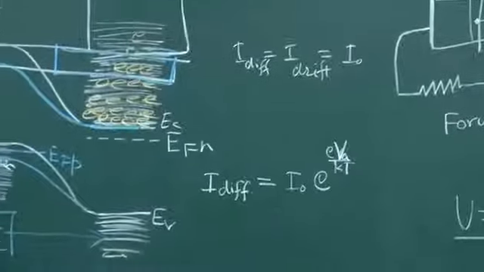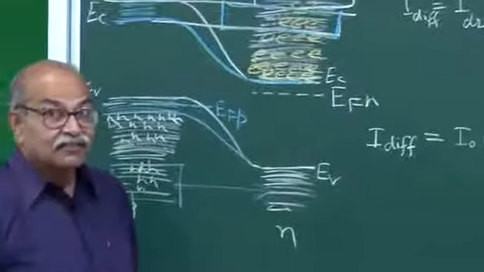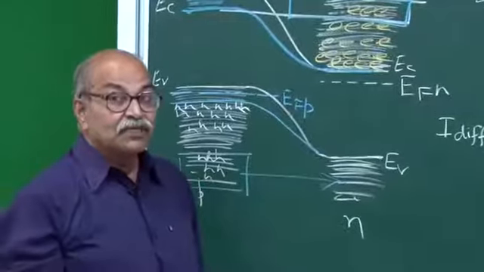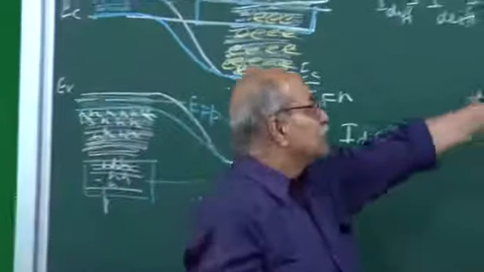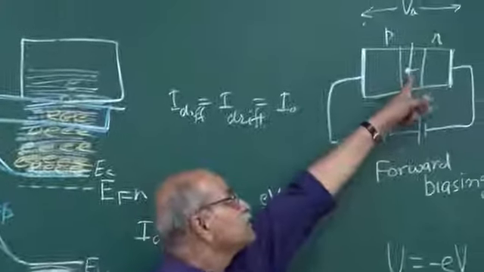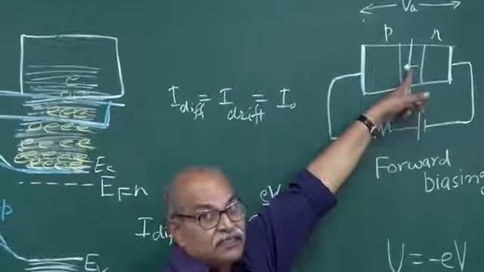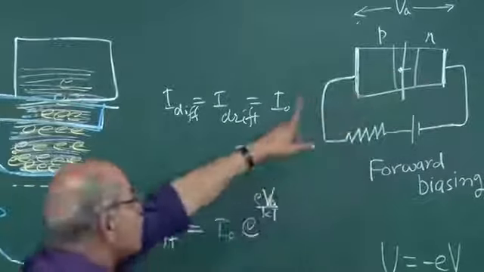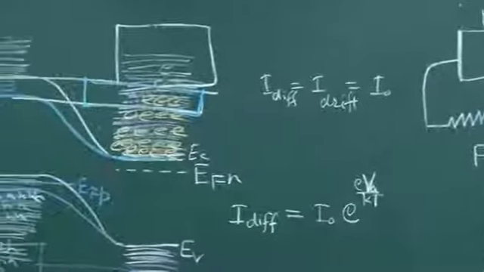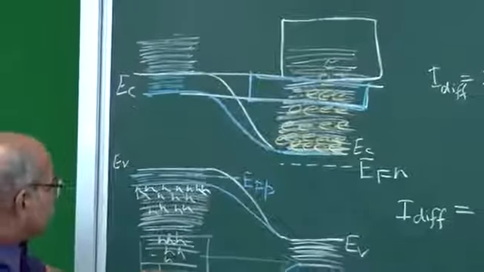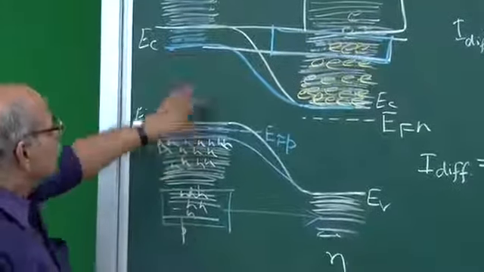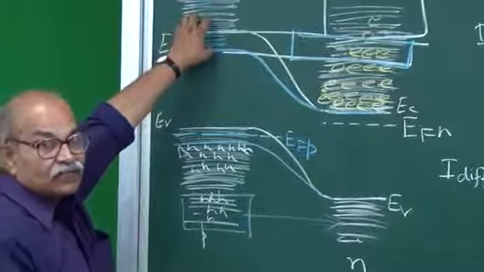What happens to the drift current? What happens to the minority carriers moving through this depletion layer under the effect of this electric field? Look at the minority carriers now. On the P side, the minority carriers are electrons.